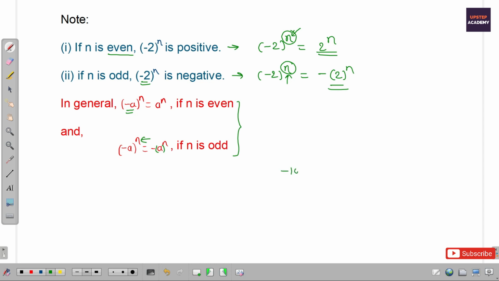Suppose here is the number minus 10, and if we have to take minus 10 raised to 2, then it will be simply equal to 10 raised to 2 because this 2 is an even number, nothing but 100. And suppose minus 10 raised to 3, here 3 is an odd number, and it will be equal to minus 10 raised to 3, which is minus 1000.